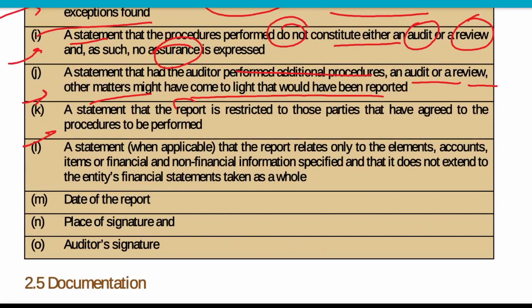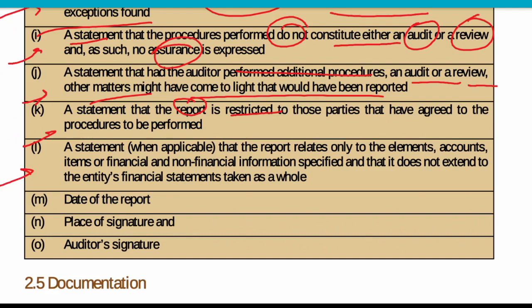The statement that the report is restricted to those parties. You also need to mention that this report is only for the use of the suppliers or only for the use of the company, meaning who the users of this particular report are.